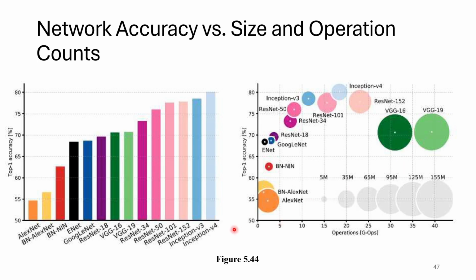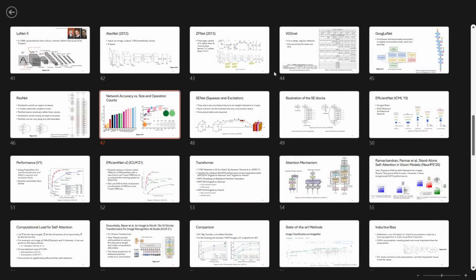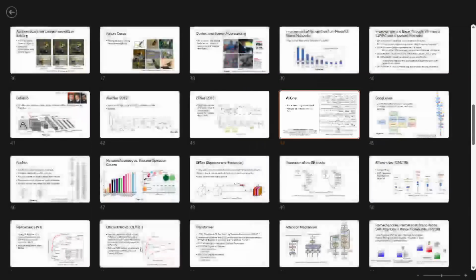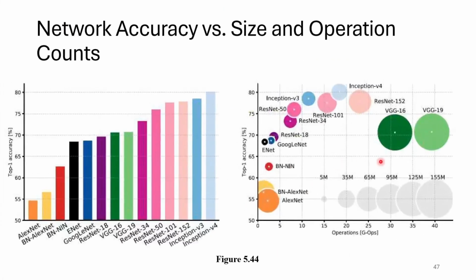Here we can see from the table, VGG 16 is configuration D. It uses 138 million parameters. It is this case. However, GoogleNet is very small.